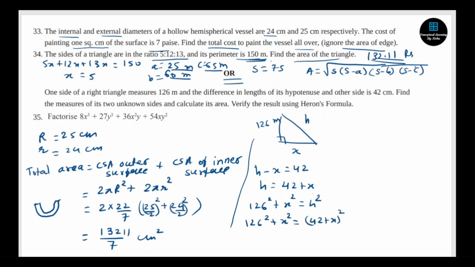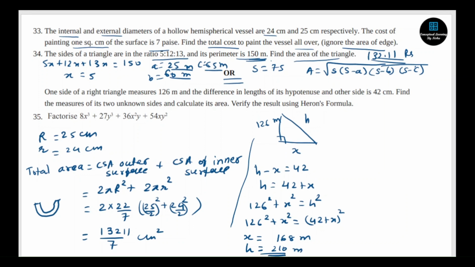If you simplify, take the identity, a plus b whole square identity, and simplify this, okay, so you'll get the value of the other side, that is nothing but 168. So x equals 168 meter, and then you'll get the hypotenuse as plus 42. If you add that, so you'll get 210 meter.